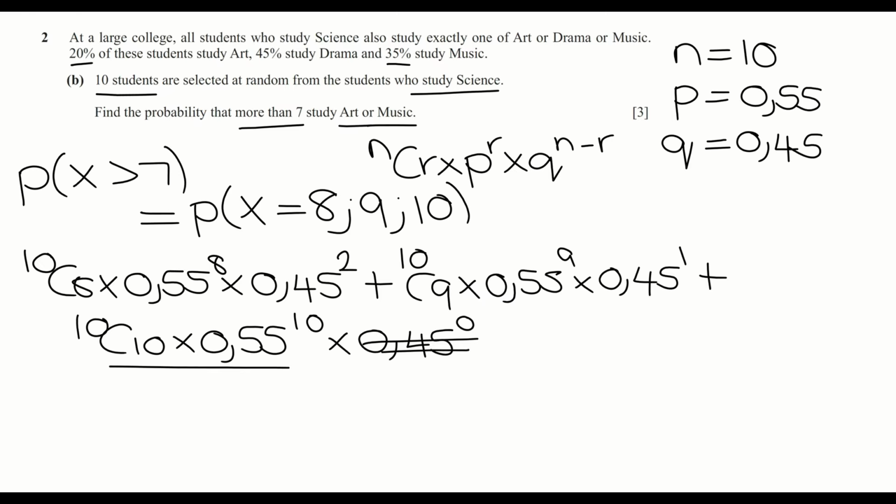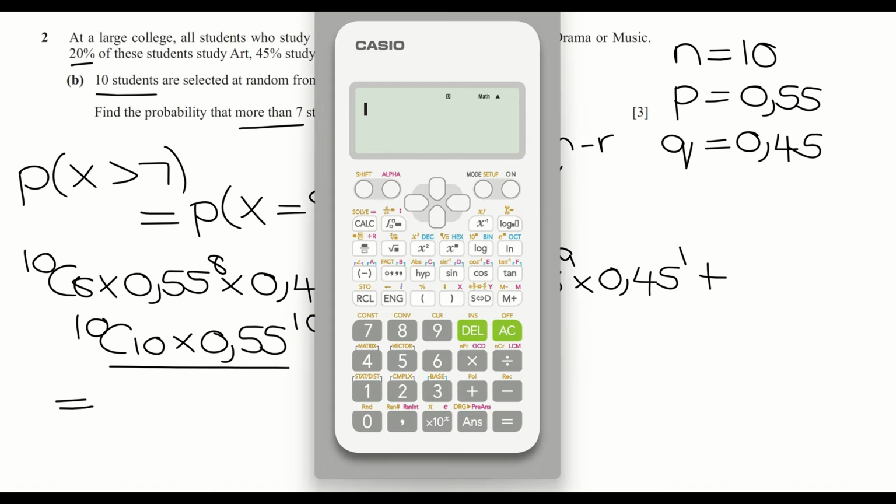And now we can put these values into our calculator. Let's start with NCR. I have 10C8 multiplied by 0.55 with an exponent of 8 multiplied by 0.45 squared plus 10C9 multiplied by 0.55 with an exponent of 9 multiplied by 0.45 with an exponent of 1.